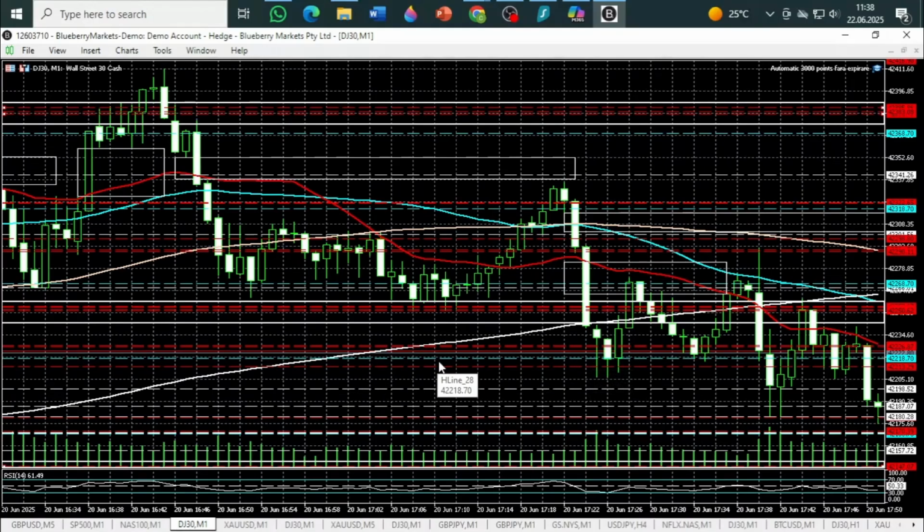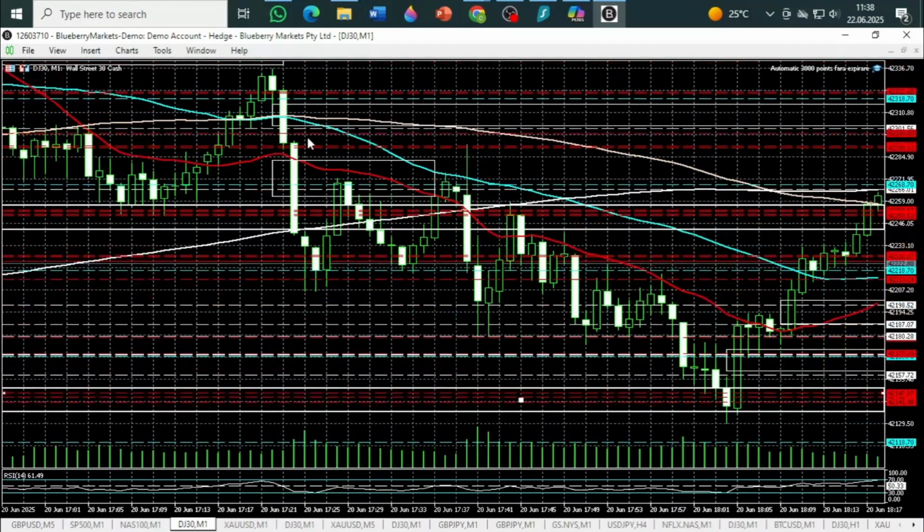We can see these green lines are drawn by an expert advisor. So the trend is downwards. We have a rejection until when?